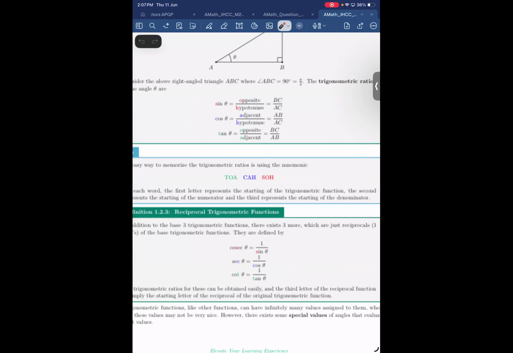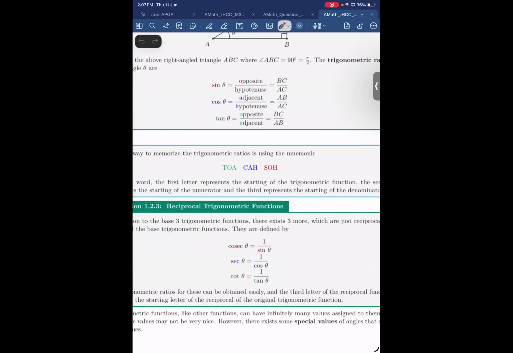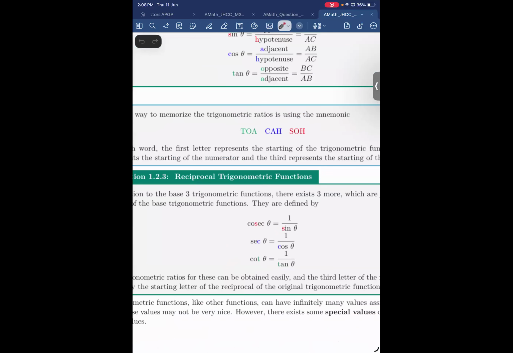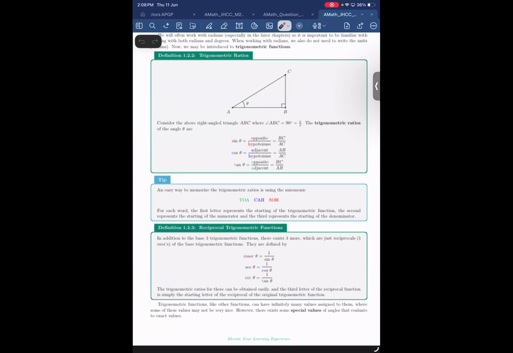So these three are the reciprocal trigonometric functions. How to tell which corresponds to which? You look at the third letter. I'm sure your teacher would have told you this: the third letter is what function it represents. So S equals sine, C is cosine, T is tangent. Essentially these are just 1 over the original trig functions. Any questions so far? These are the definitions.